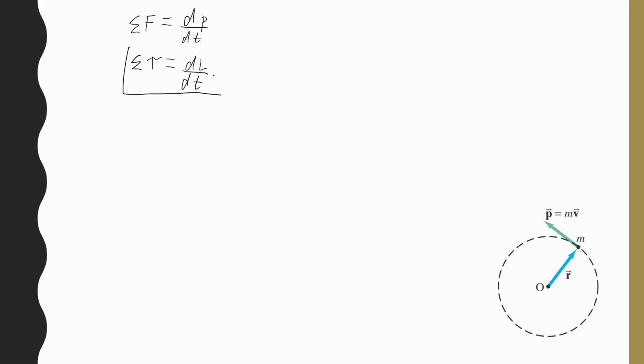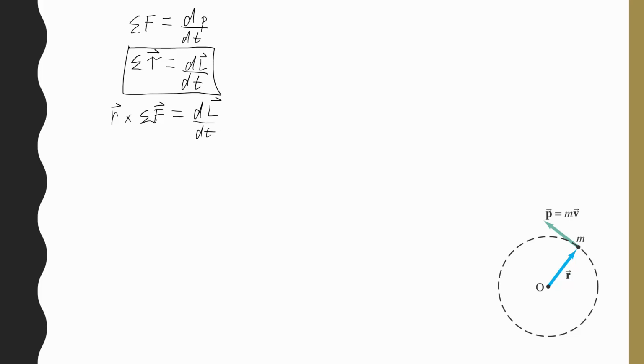And this is true in general. And if we want to look at a single particle, we can derive another useful expression. So if we plug in for our torques, R cross F, where F is the net force, that is going to equal, this is a vector quantity by the way, dL dt.